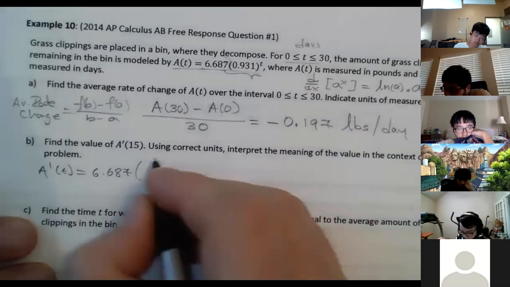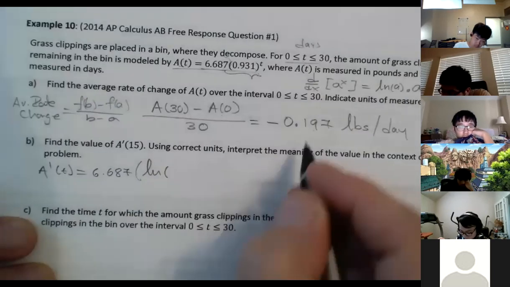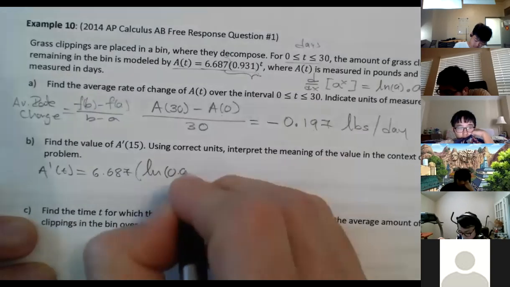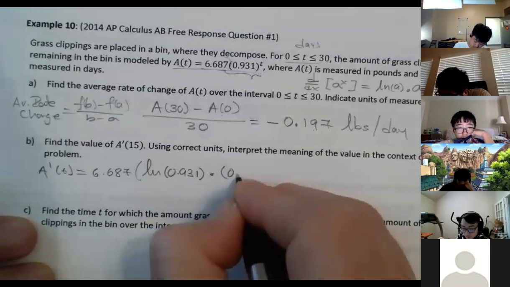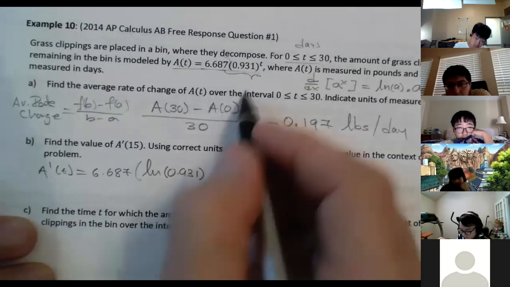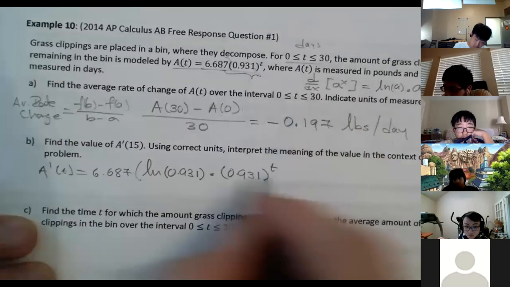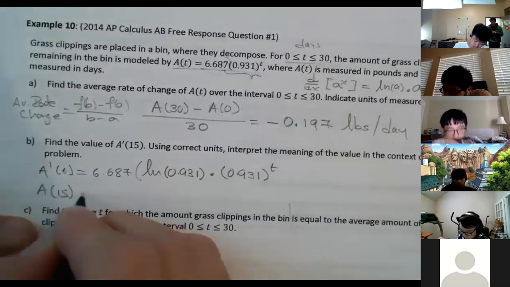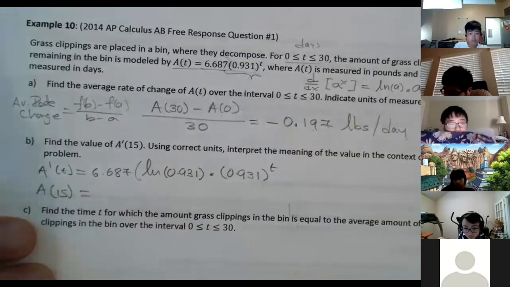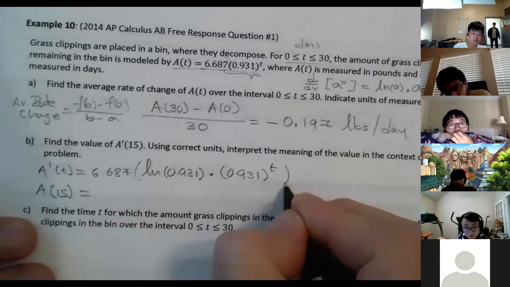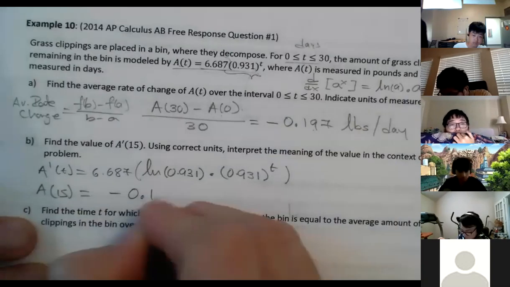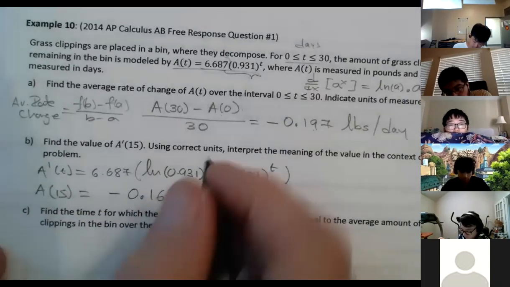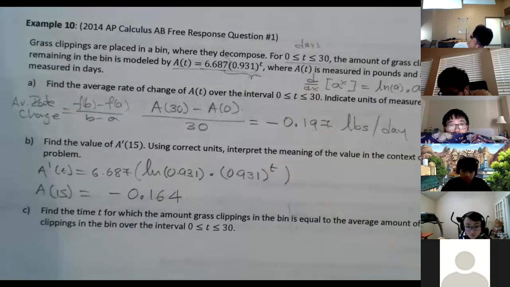So this should be ln of 0.931 times 0.931 to the t, and then you plug in 15 in there. If you have done this computation correctly, you should get negative 0.164. Now, what would be the meaning of that?